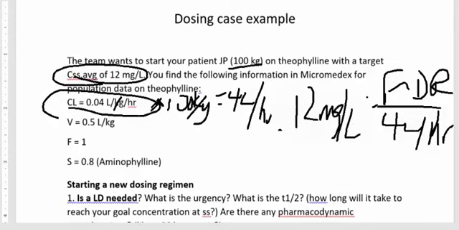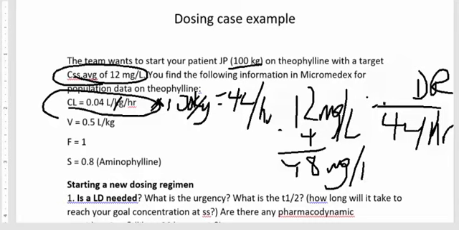We don't need to know volume for our dose rate, but we do need to know bioavailability. So we have a bioavailability of 1, so we can just erase that part. So I already know that our dose rate for theophylline is going to be 12 times 4, so it's 48 milligrams per hour is our dose rate of theophylline, isn't it?